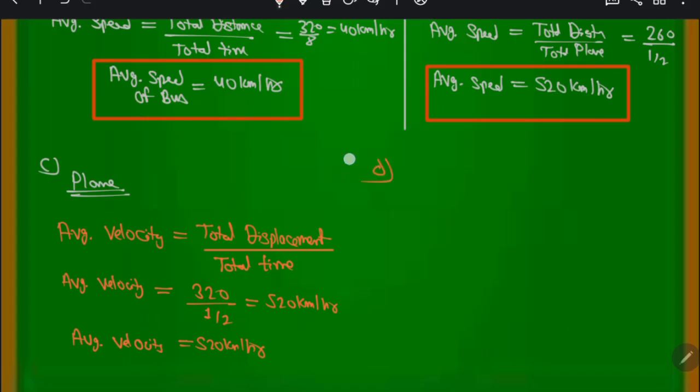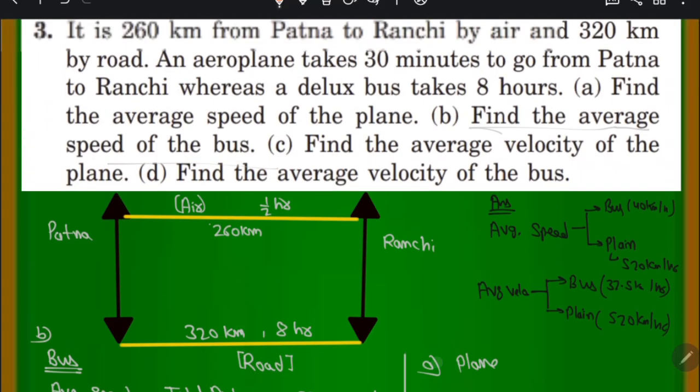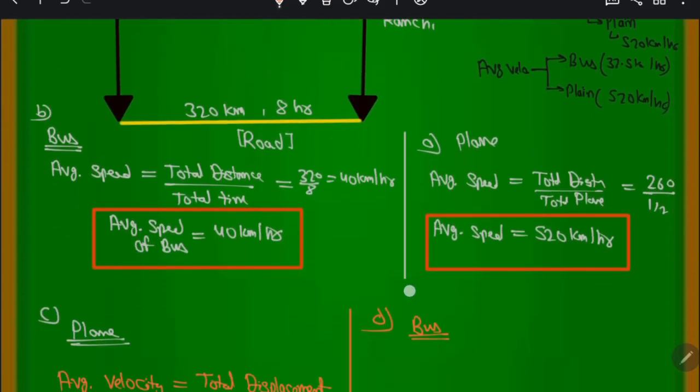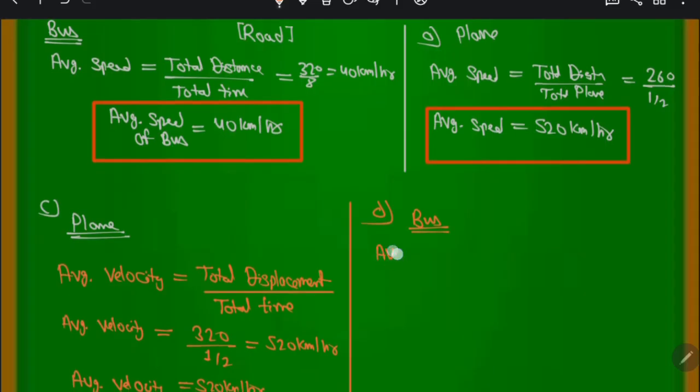Now D question for bus. Average velocity of bus. Again, total displacement upon total time.